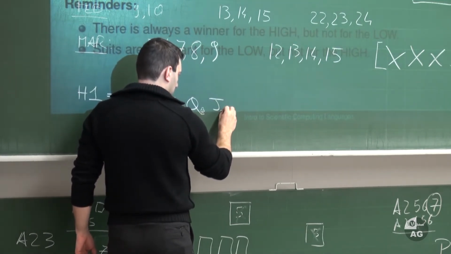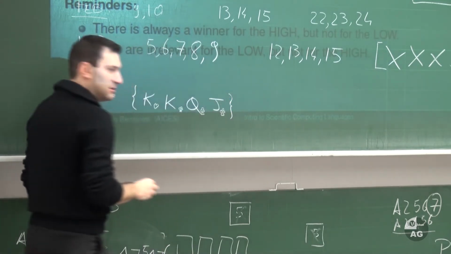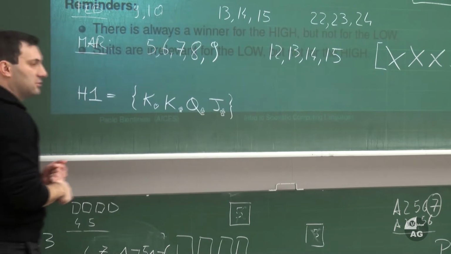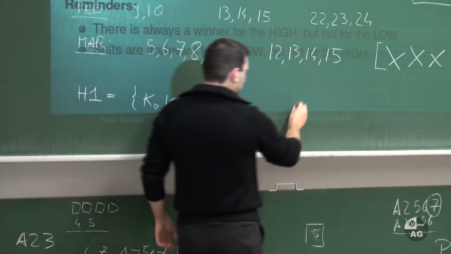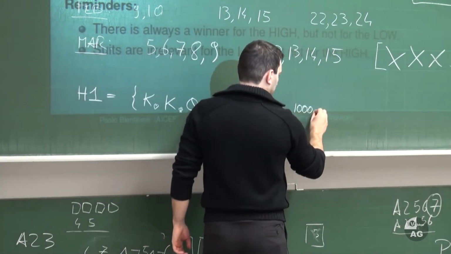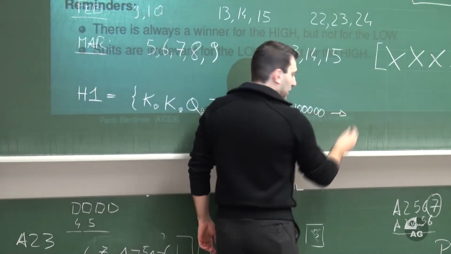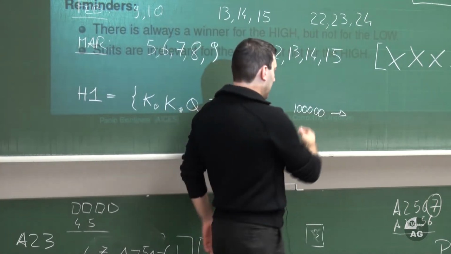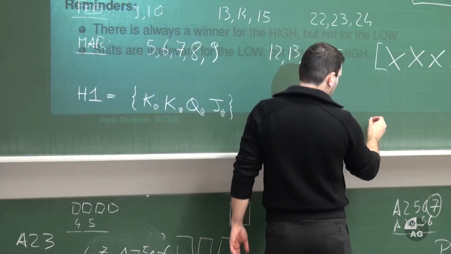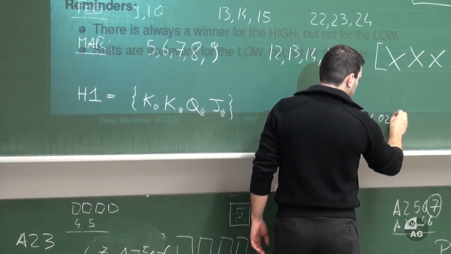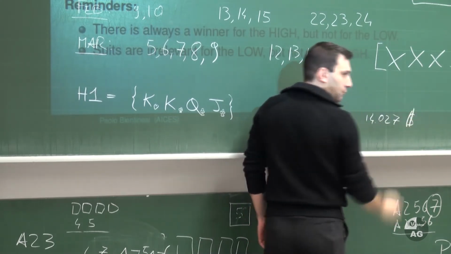I think this is a fantastic starting hand. How do you determine that? Well, you run, let's say, 100,000 simulations, and you count how much money you win, and out of that you say, well, I won $14,027 with this hand.